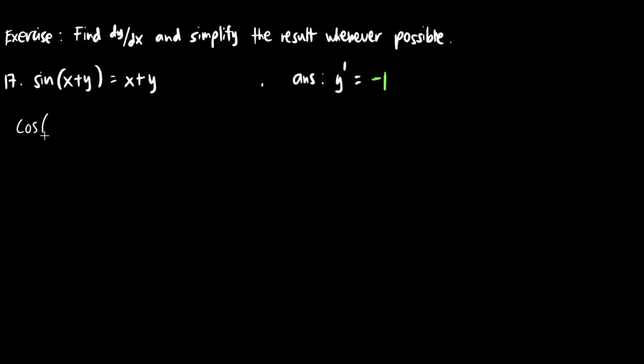So just copy the angle, and the derivative of the inside is 1 plus y prime, equal to the derivative of x, which is just 1 plus y prime. So we'll just distribute.